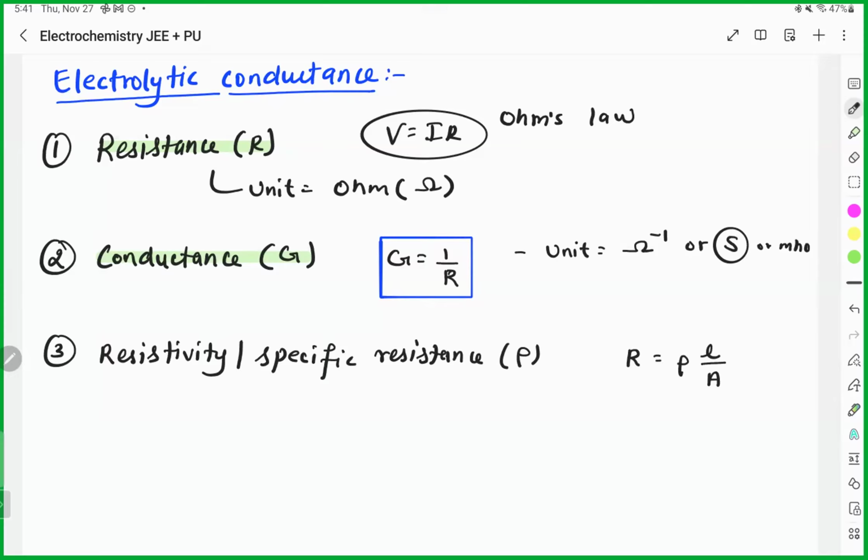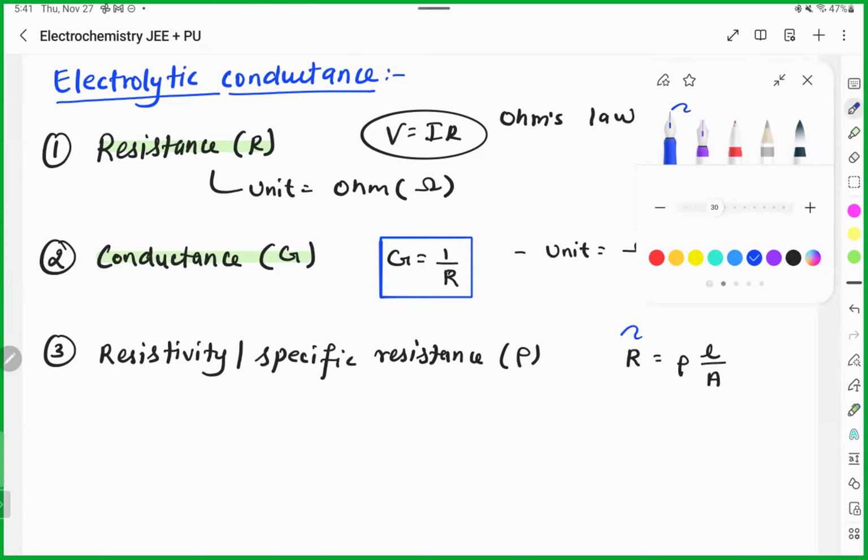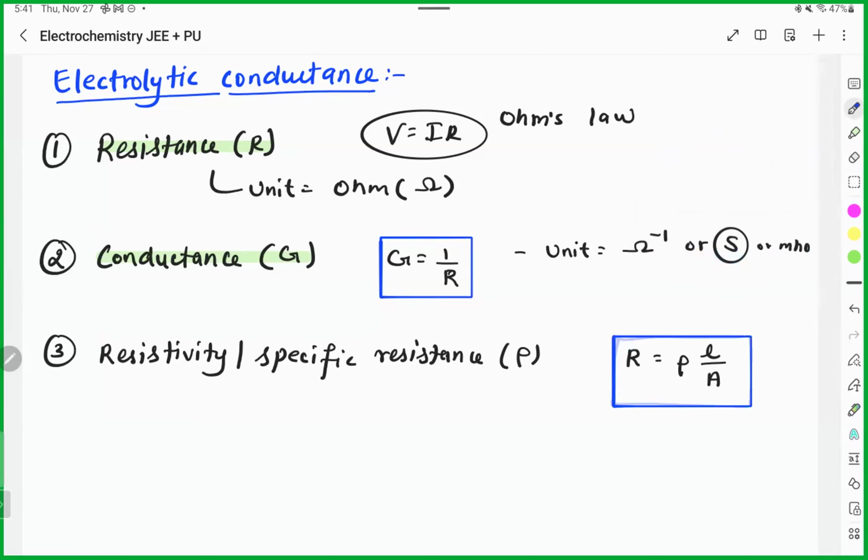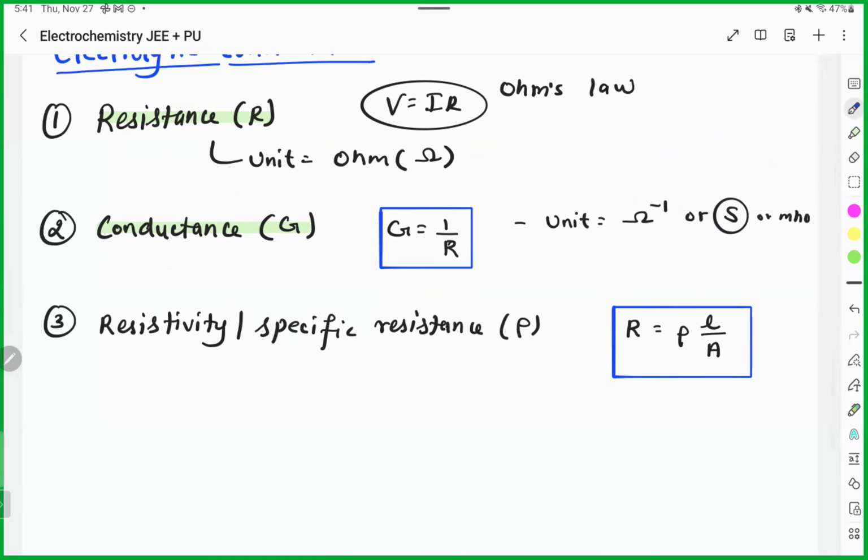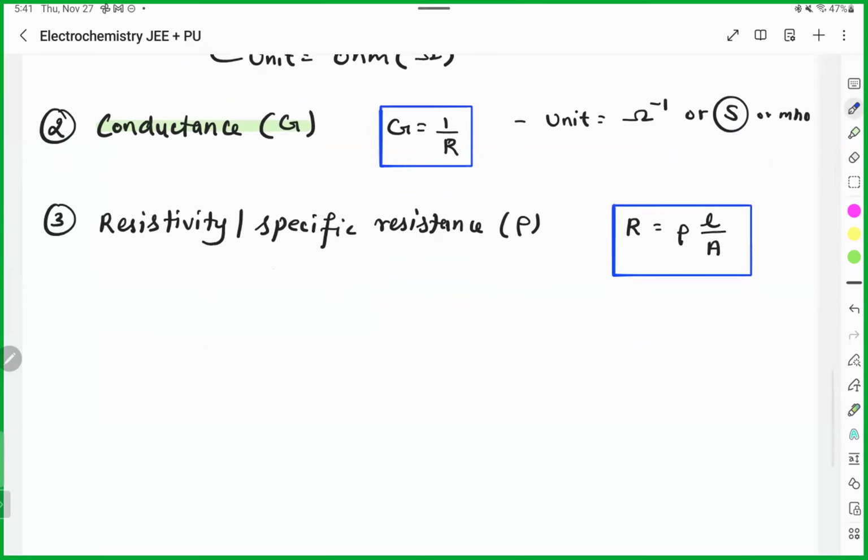Samarth, what does it signify when we say R is equal to rho L by A? If we increase the resistor's length, it will become more resistive. Yes. If you go from your home to your school, it takes some effort. But if you go from your home to Mysore, it will take more effort, more resistance, more problem. Correct?